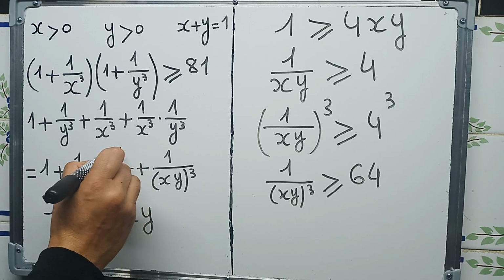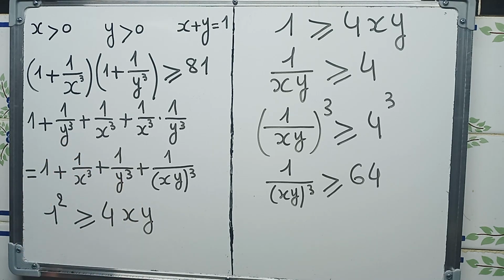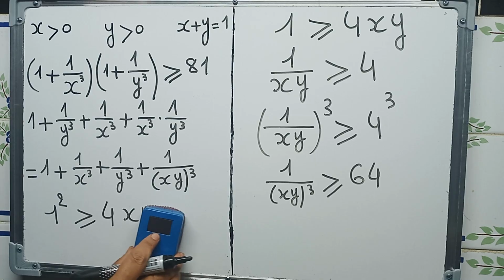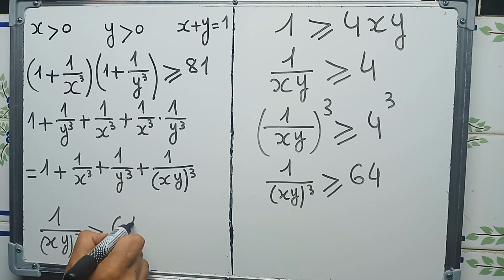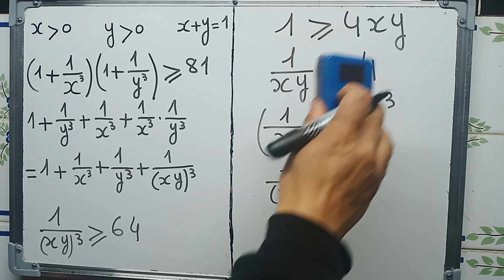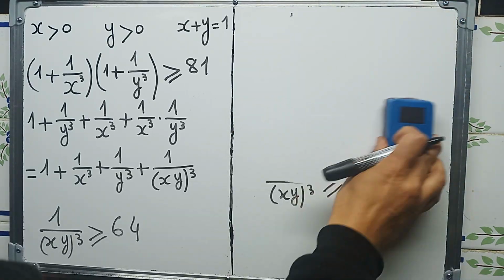And now I will do the second term. But to do the second term, I will need another inequality. So what is this other inequality? First of all, I will write this one here: 1 over (xy) cubed is greater than or equal to 64, the first one. Now I will show you the second one that we will use.